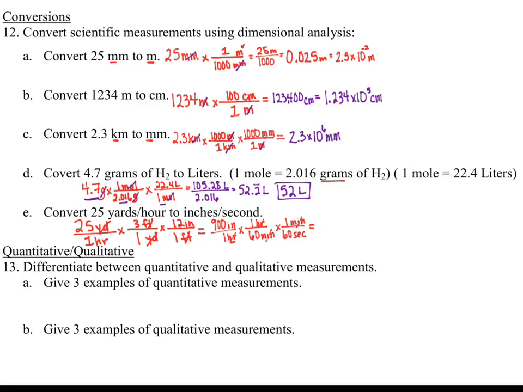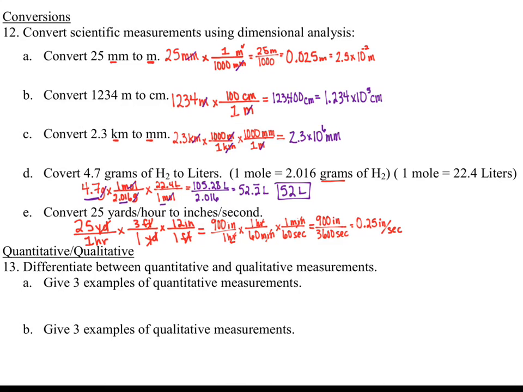So now I end up with 900 inches over, and I have to multiply 60 times 60, 3,600 seconds, because inches and seconds cannot cancel each other out. So 900 divided by 3,600 gives me 0.25 inches. You can write it per second or leave it as a fraction.